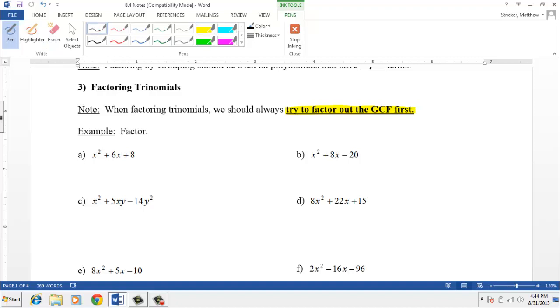So if we look at this first example, x squared plus 6x plus 8, there is nothing that goes into all 3 terms. We can't factor out a greatest common factor. So we then move on to looking at how this factors.